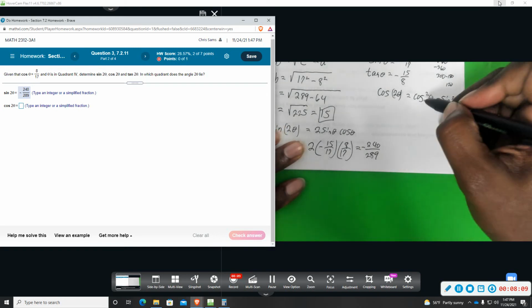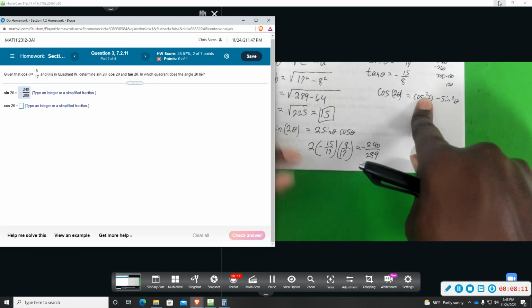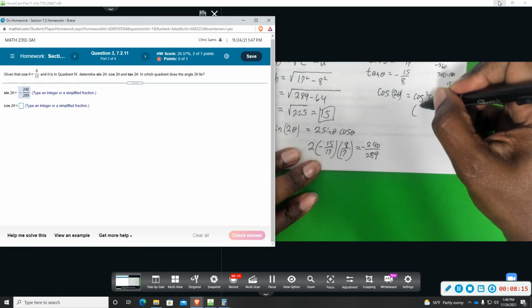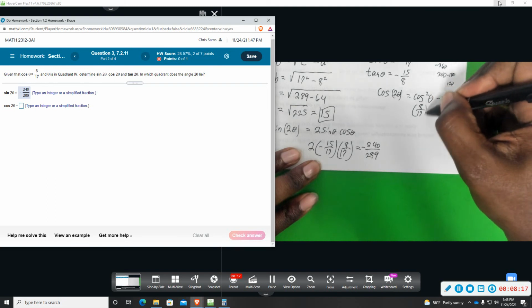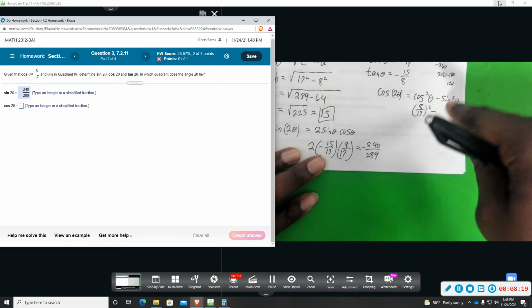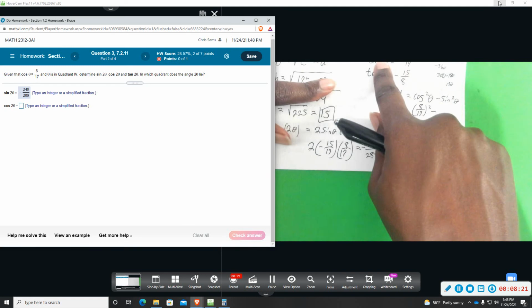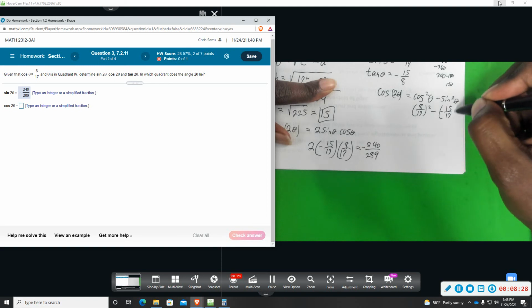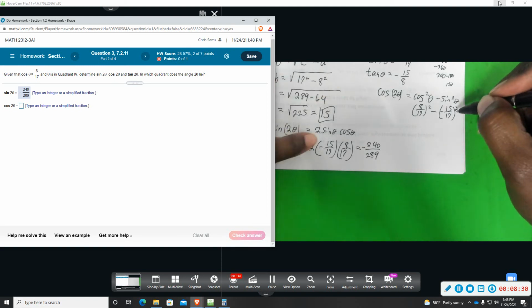Cosine theta was 8 over 17, but we're going to square that, minus sine squared theta. Sine is going to be 15 over 17. Now, even though it's negative, when it gets squared, it's going to become positive.